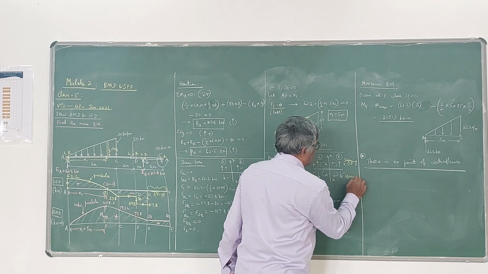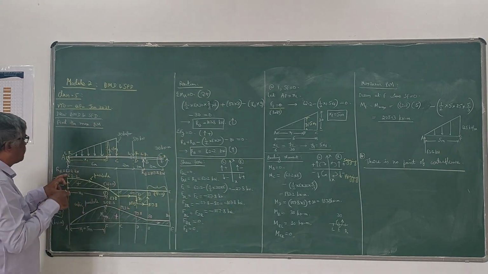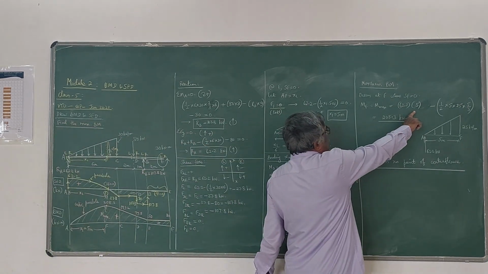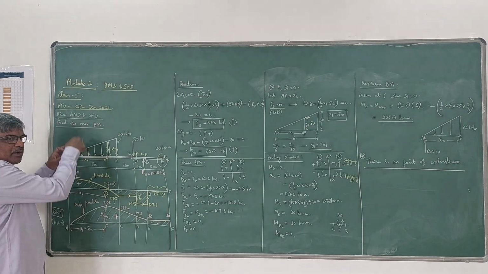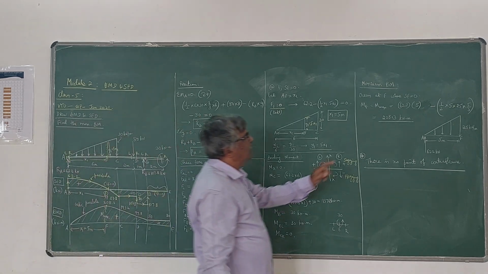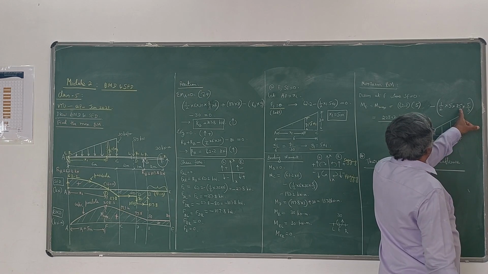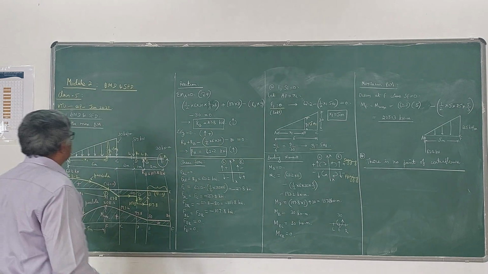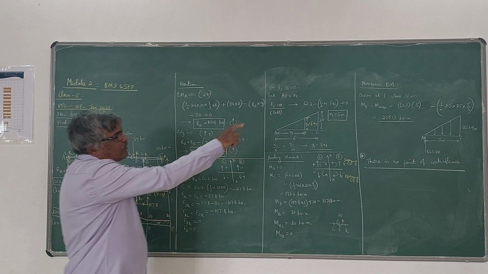Now if you see the left side of the section at F, 62.2 into x1, that is 5, is positive because it is upwards, minus the triangular load, which gives a negative bending moment because it is a downward force: half into x1, that is 5, into 5x1, that is 25, into the distance. The distance where the triangular load is acting is the centroid, x1 by 3, that is 5 by 3.